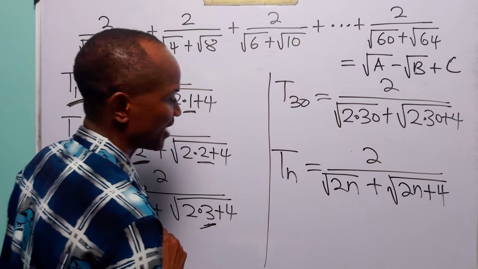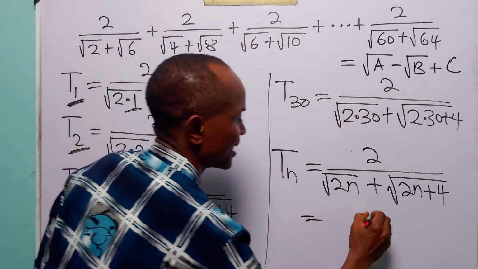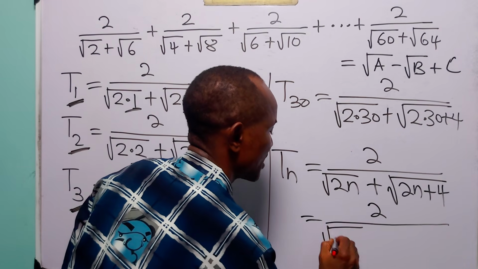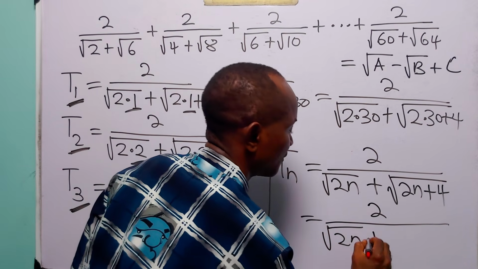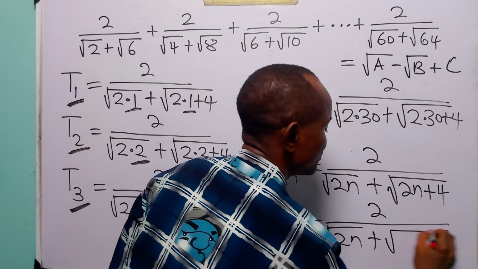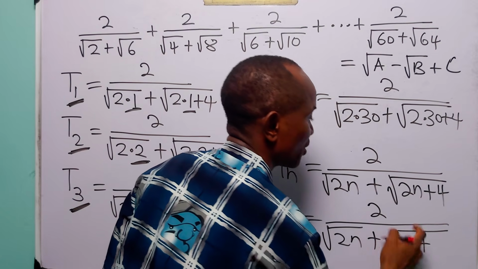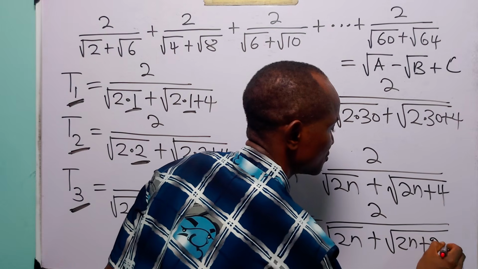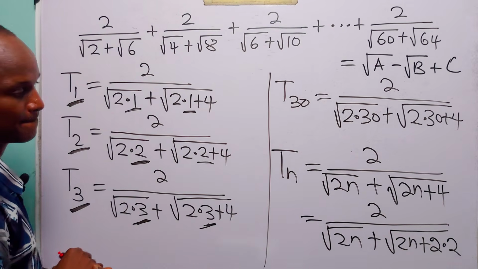We can further simplify this. We can write this as 2 over the square root of 2n plus the square root of 2n plus 2 times 2. Of course, you know that 4 is 2 times 2.